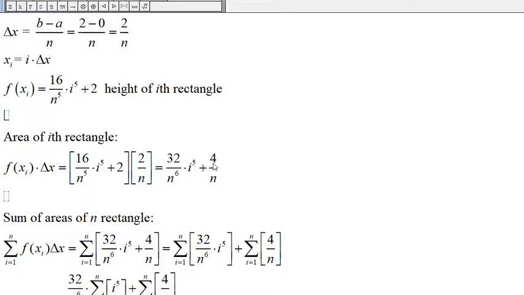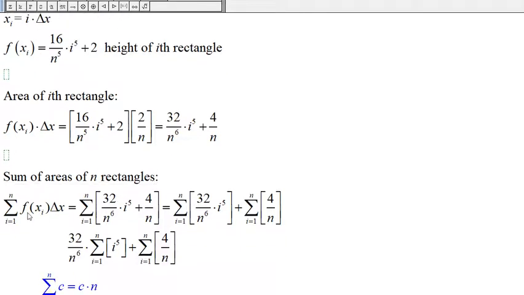And now let's get the sum of areas of n number of rectangles. So we have summation from 1 to n. So this right here is the sum of areas of n number of rectangles. And then in the place of f of x sub i delta x, we replace it with this.